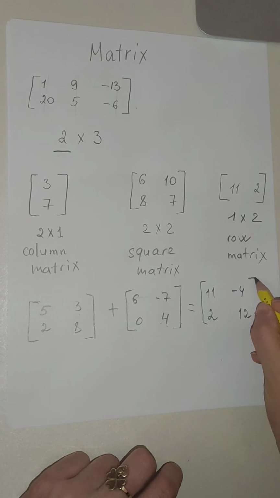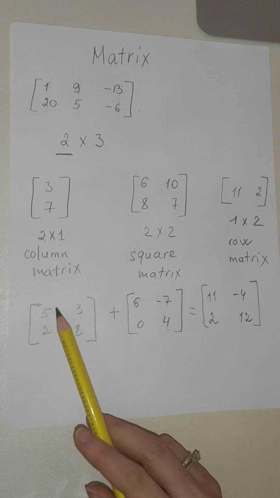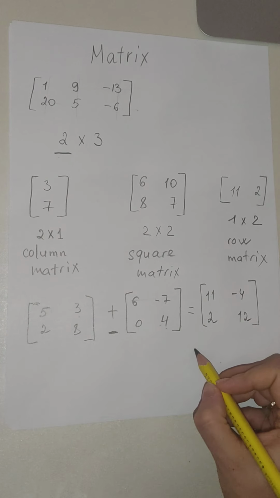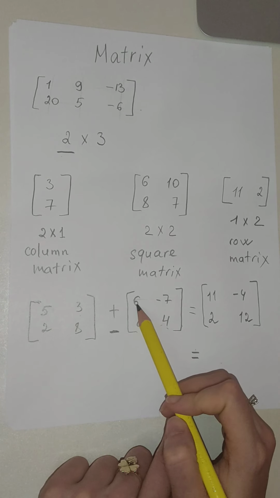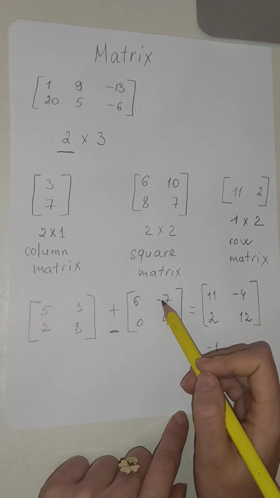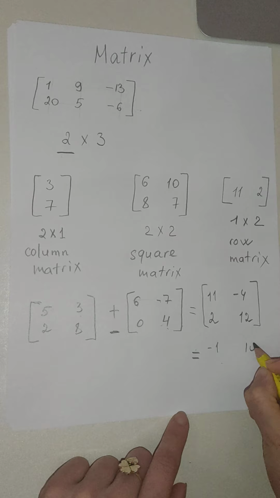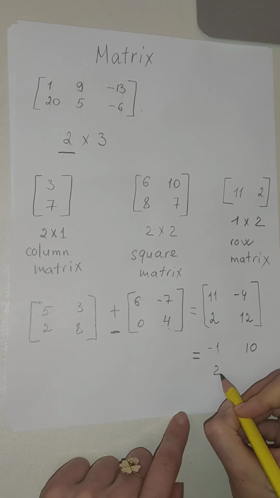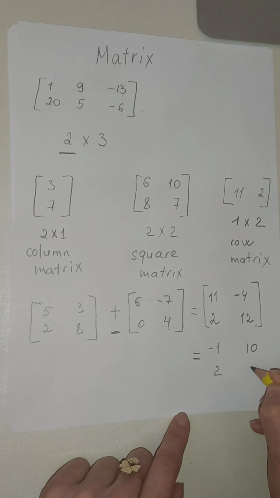Also, we can subtract these matrices. If we want to subtract these 2 matrices, we will get 5 minus 6, negative 1, 3 minus negative 7 is equal to 10, 2 minus 0 is again equal to 2, and 8 minus 4 is equal to 4.